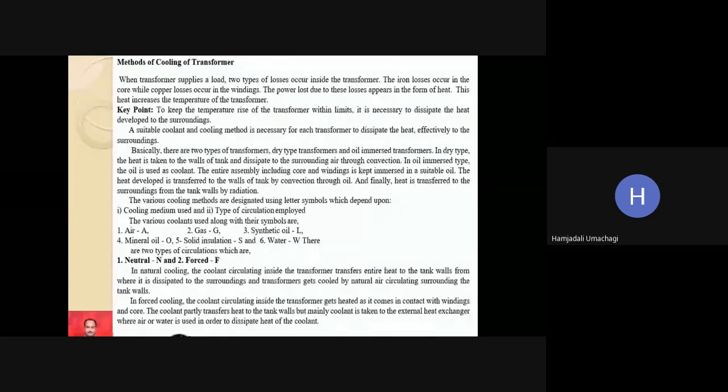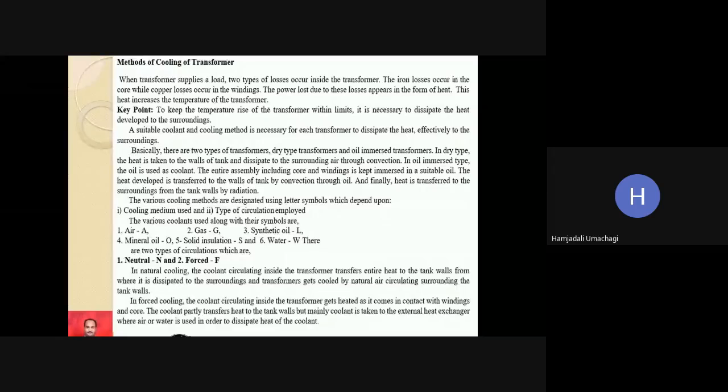Part of the heat is sent to the walls of the transformer, and the remaining part is dissipated via the heat exchanger. The heat exchanger absorbs the remaining heat absorbed by the oil, and from there it releases all the heat to the outside atmosphere. So this is the method of force type.